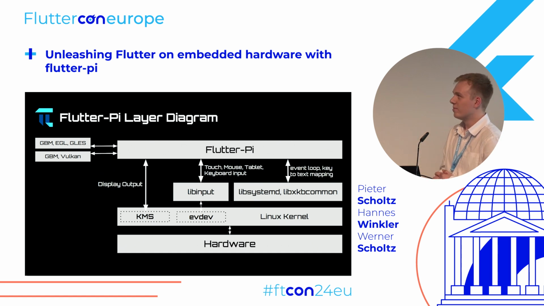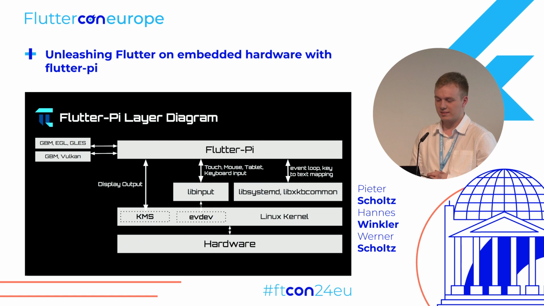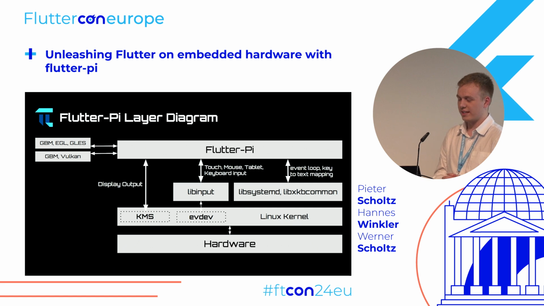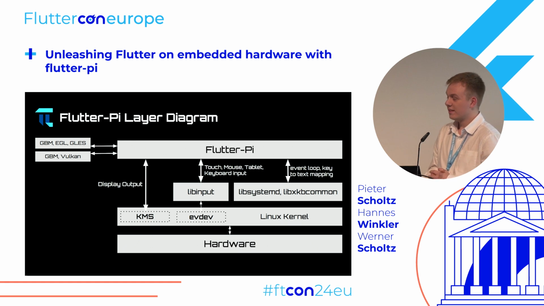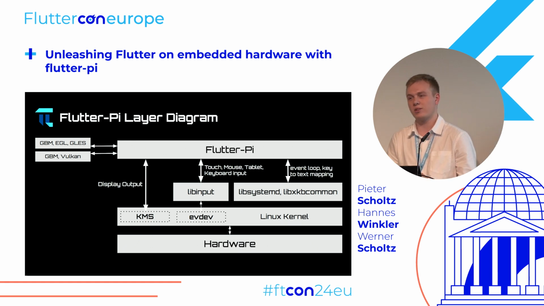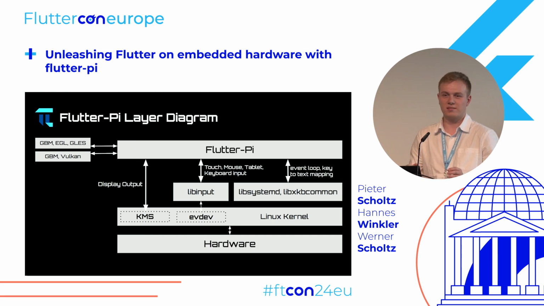So GBM for allocating the graphics buffers, EGL for managing GLES basically. And that's similar in the Vulkan case, except we of course use Vulkan there. And once Flutter has rendered into these buffers, Flutter-pi presents them on the display using an API called KMS, which is the Linux kernel interface for display output.